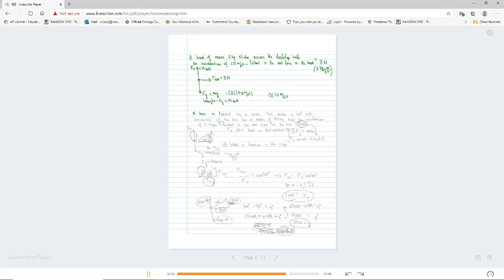A box is towed by a cable that makes a 60-degree angle with horizontal.